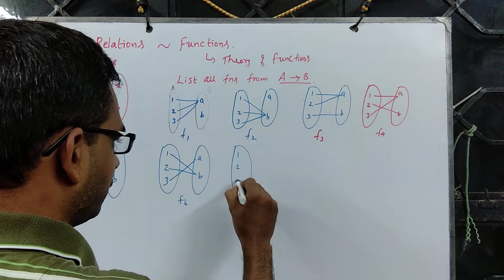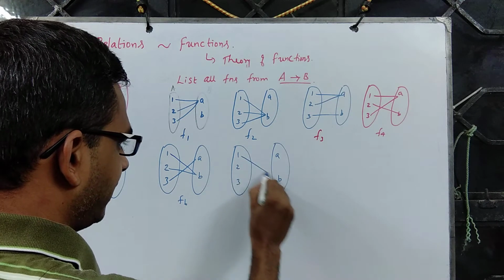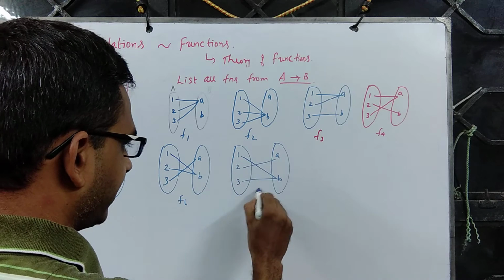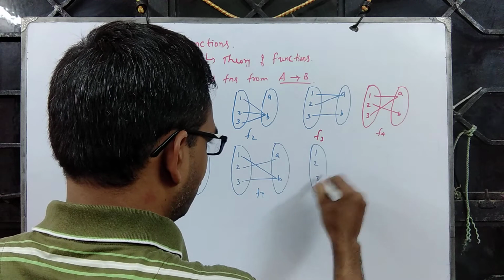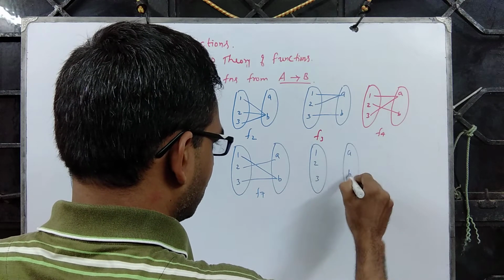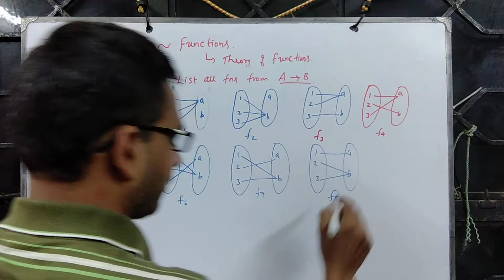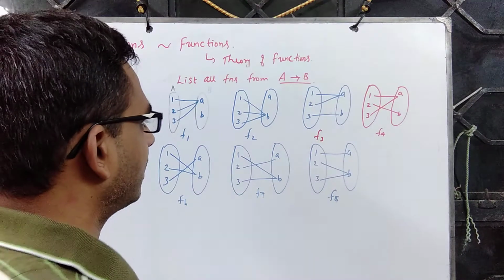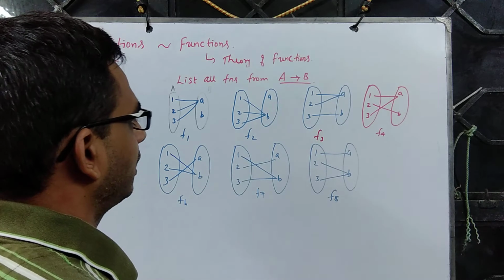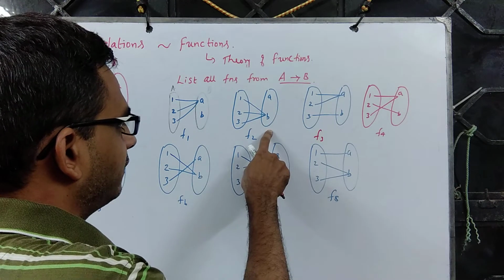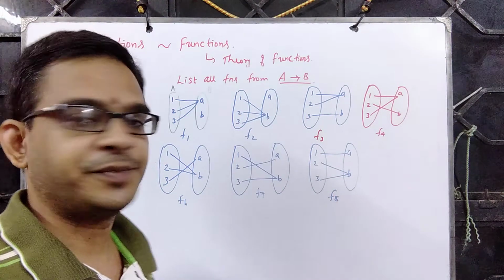Then you have 1, 2, 3 and A, B, and 1, 3 is mapped to B. So you get this. And the final one is 2, 3 is mapped to B and 1 is mapped to A. So you see that since you have got only 2 elements, there are 2 functions where only one element of the domain is taken into account as part of the mapping.